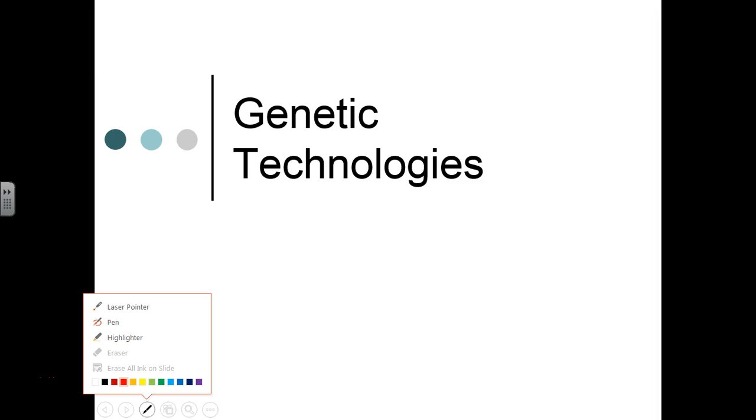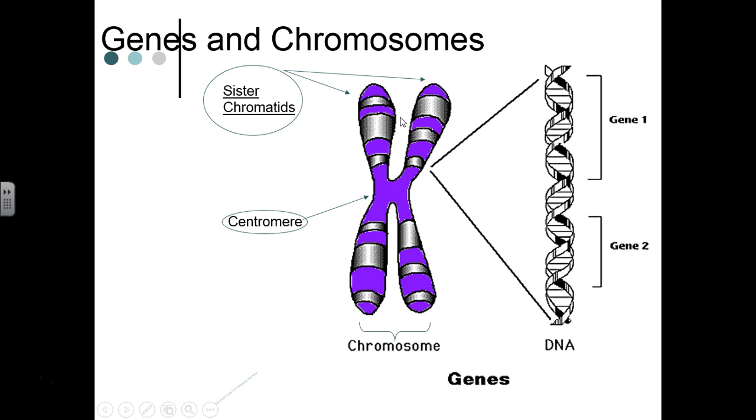But it is a little out of date. So the technology you need to know for your SOL is a little bit old technology. When I return back to class, we'll talk a little bit more, as long as you have questions about this, and I think you probably will, about some of the new genetic technologies like the CRISPR-Cas9 gene editing technology. So anyways, let's go ahead and get started here and talk a little bit about some of these genetic technologies.